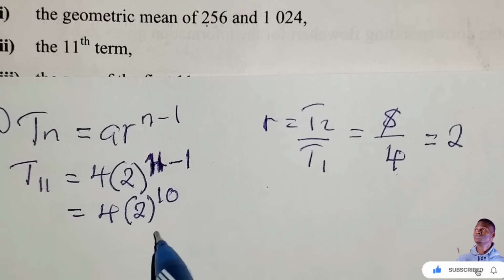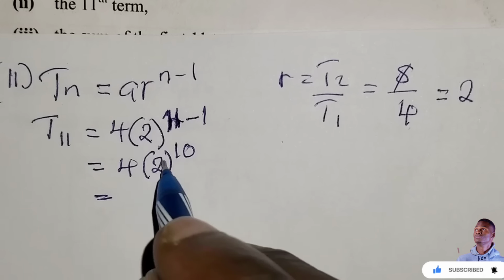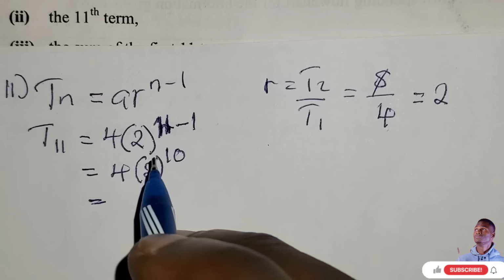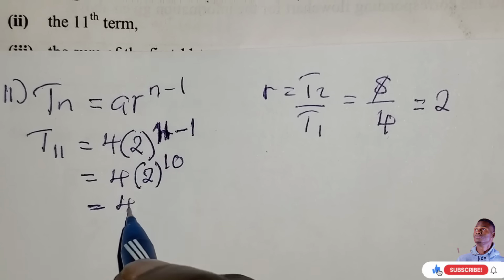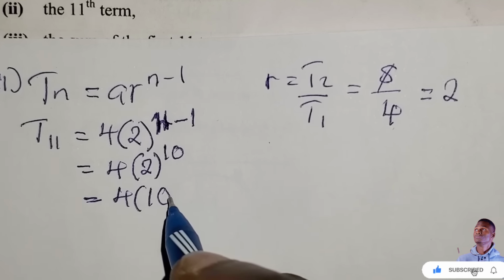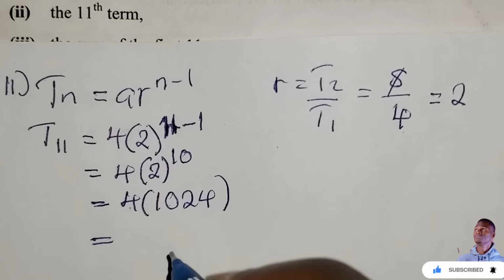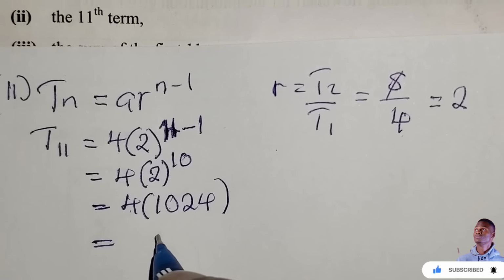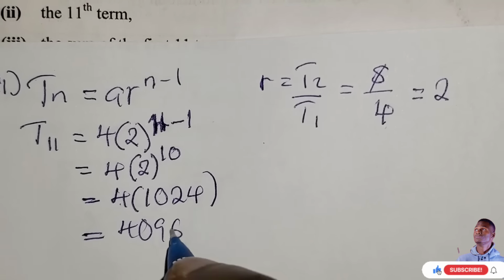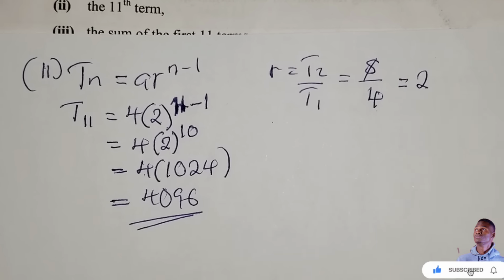11 minus 1 is 10. Then, you still can't multiply here. So it will be 4 multiplied by 2 to the power 10, which is 1024. Then 4 times 1024, we are going to have 4096 as the answer.